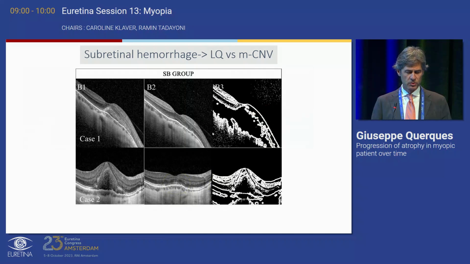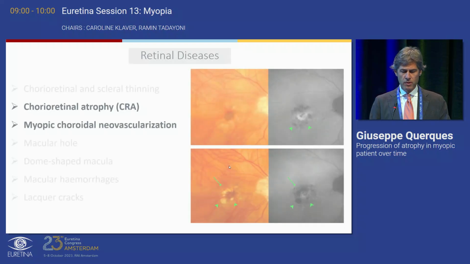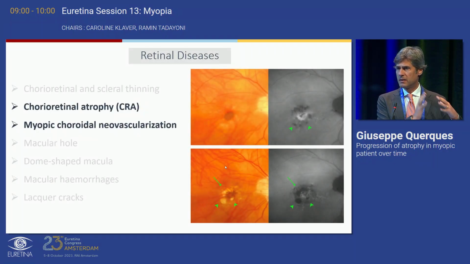We were able to demonstrate that artificial intelligence detected the same finding as the key feature for making the differential diagnosis between simple bleeding and bleeding related to CNV. This was recently published in EURETINA, while the binary sign on subjective analysis was just accepted in the Eye journal.